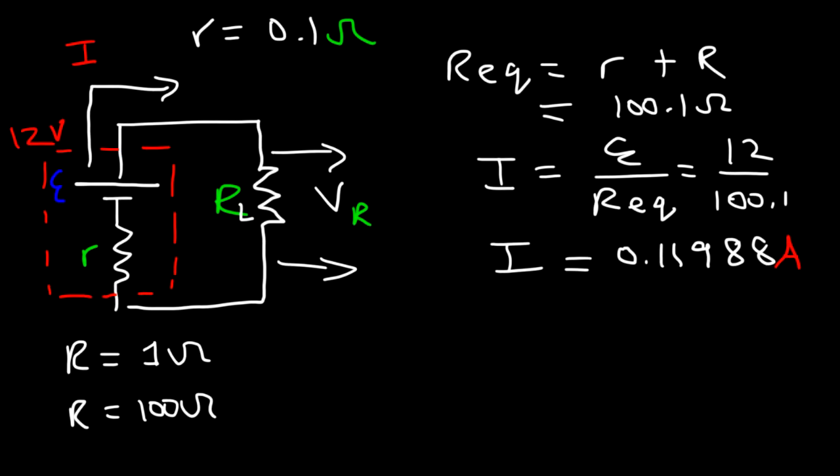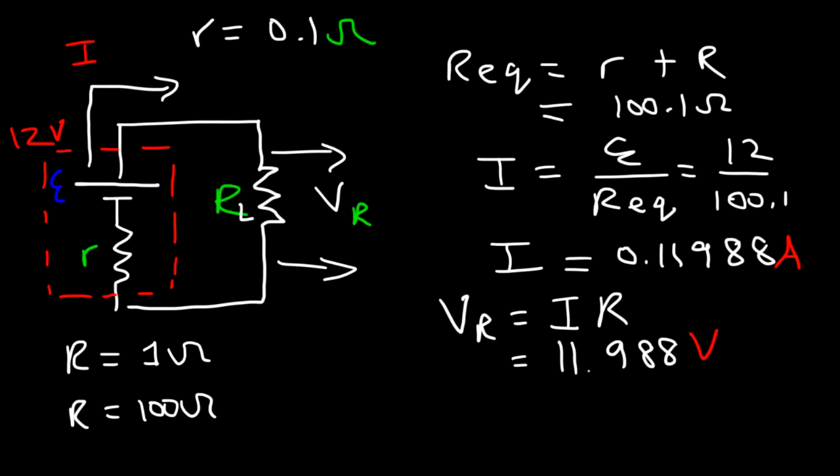So now that we have this current, we can calculate the terminal voltage. So we could just use the current multiplied by R. So 0.11988 multiplied by the resistance of 100 ohms will give us a terminal voltage of 11.988 volts.